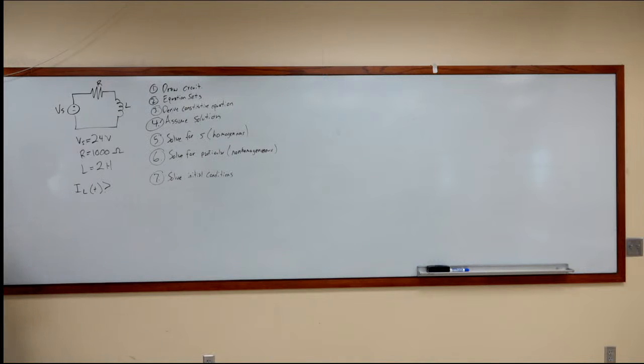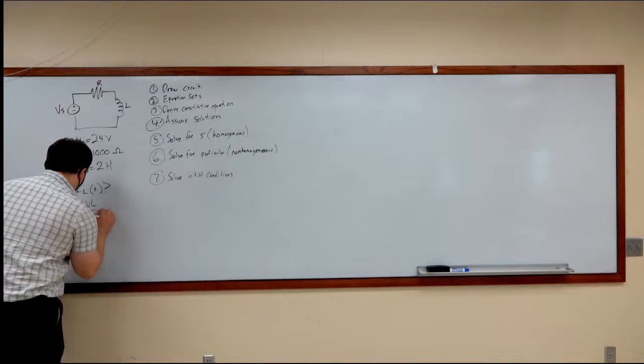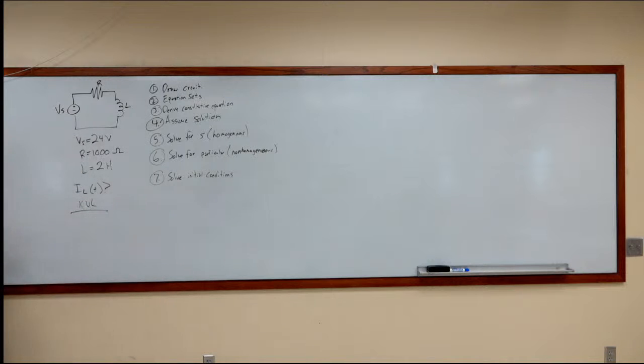All right, so I've done step 1. What is step 2? We need our equation sets. What are the 3 equation sets? Let's start with KVL. Okay, how many loops do we have? We have 1. So what is our KVL equation?